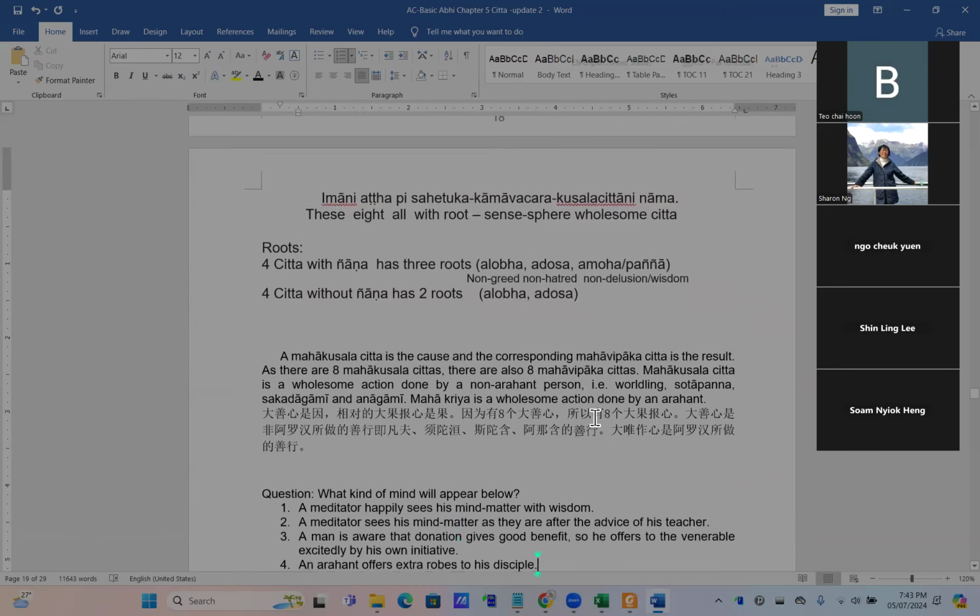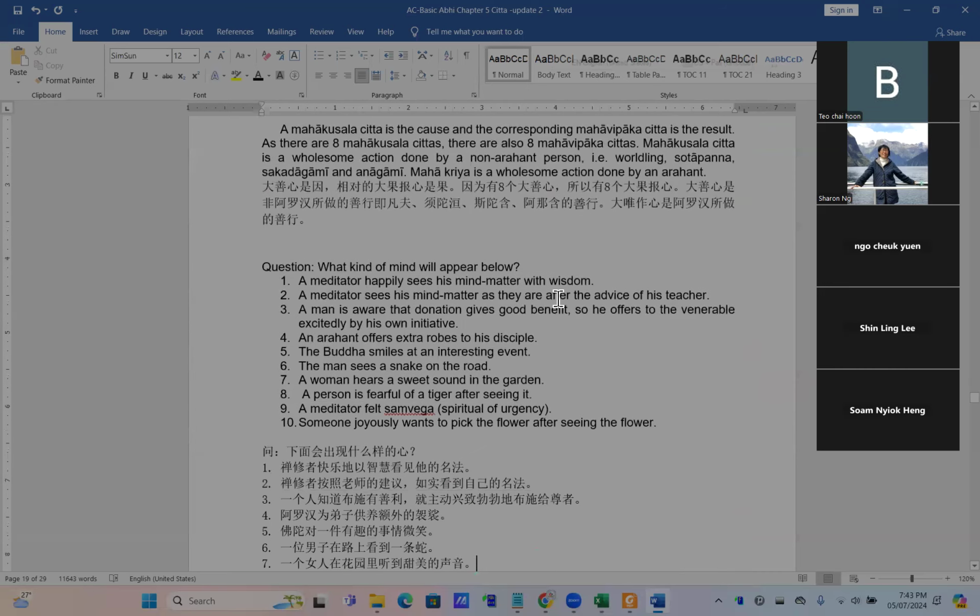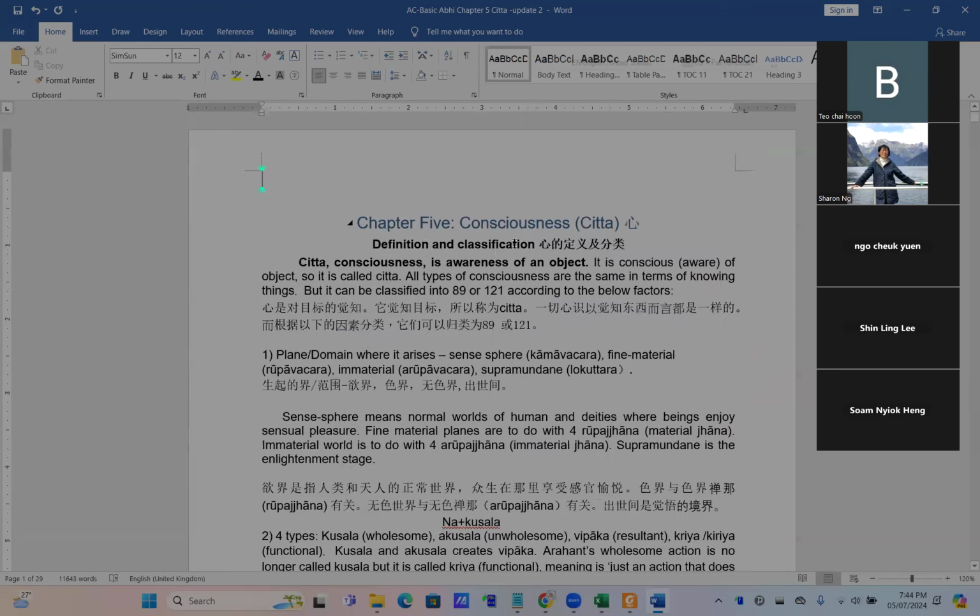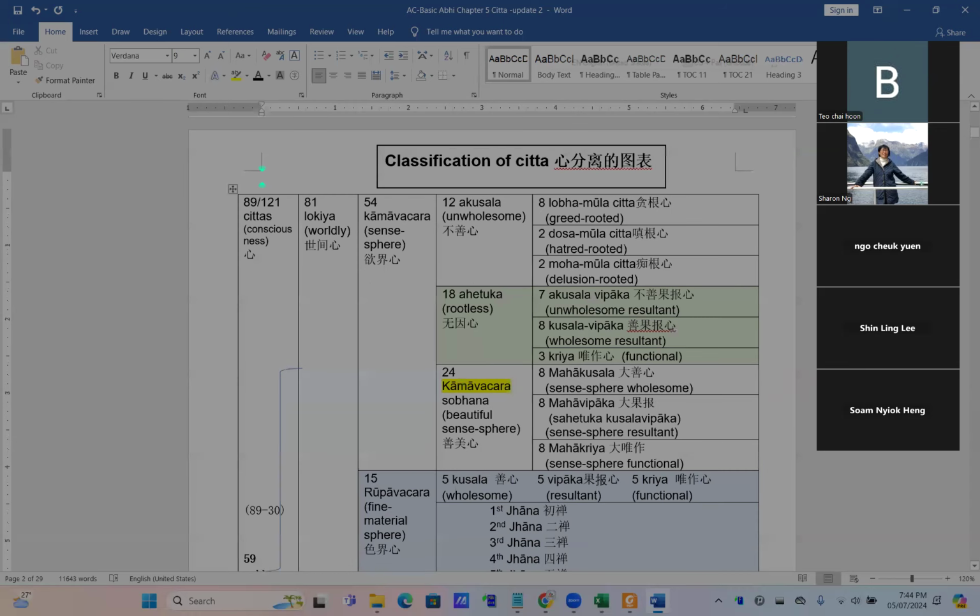Now, this question is to test you all. Before I go to the question, let me go through this. You always need to remember and refer to these charts. How do you get 24? 8 Maha Kusala, 8 Maha Vipaka, 8 Maha Kriya.